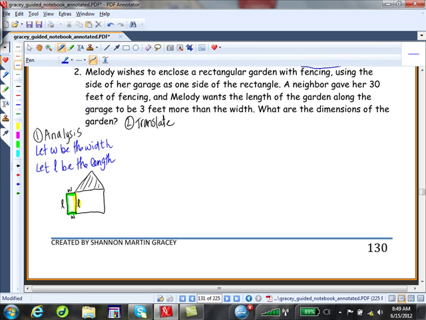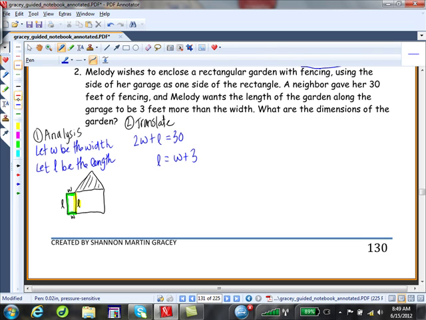So do you see that 2 W's plus one of the L's, because we only need to fence one of the L's, has to equal 30? And then she also wants the length of the garden that's along the garage to be 3 feet more than the width, right? So L has to be the width plus 3, right?